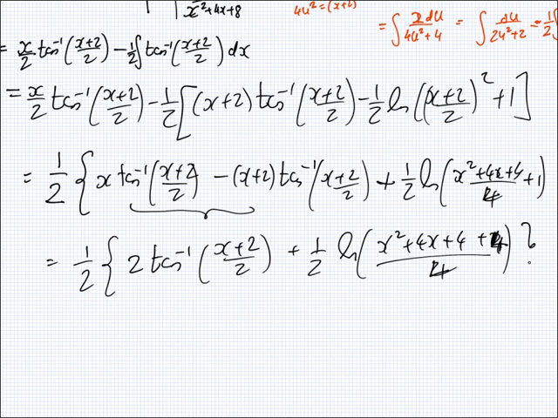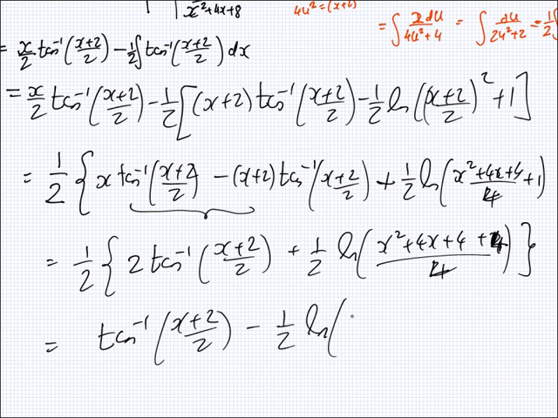Okay, last step now. Let's multiply in by the half. So that would be tan inverse x plus 2 over 2 minus a half log x squared plus 4x plus 8 over 4.